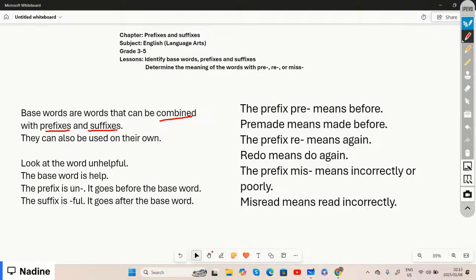All right. So remember, we also said that a base word has its own meaning.